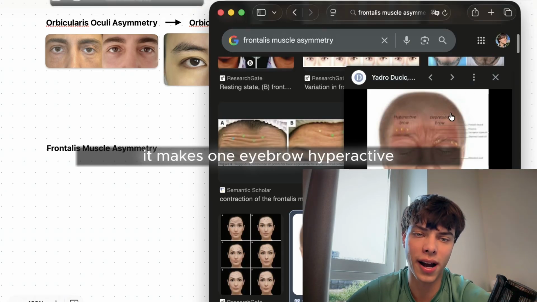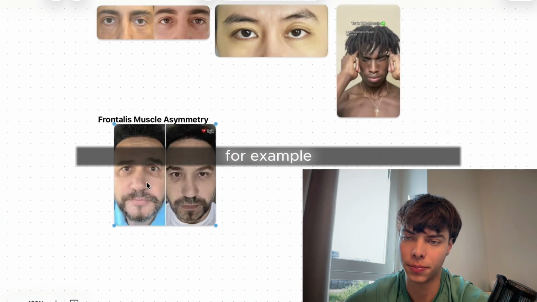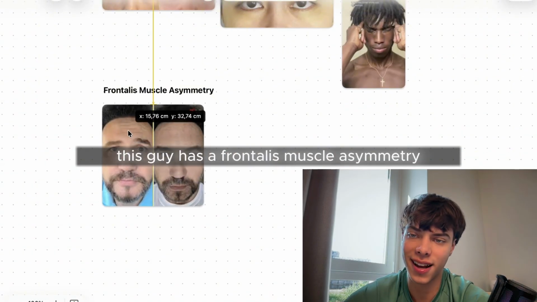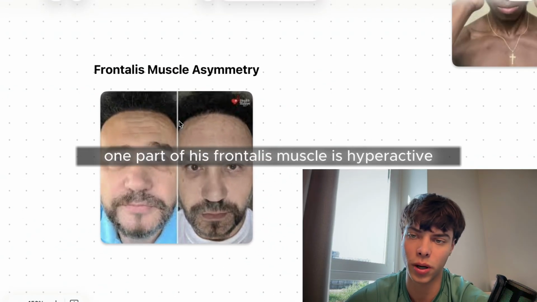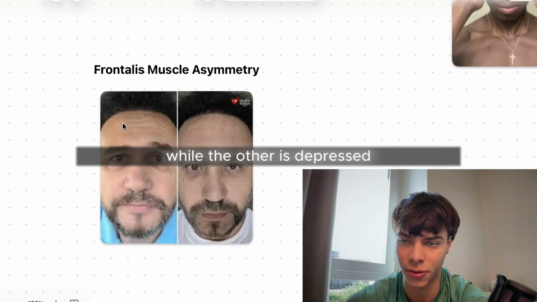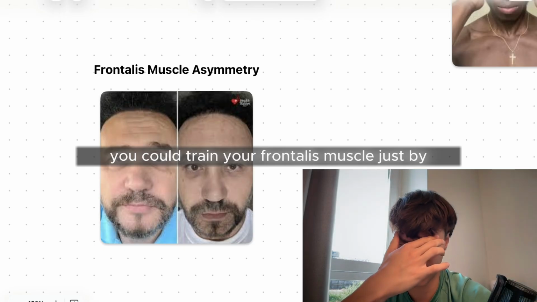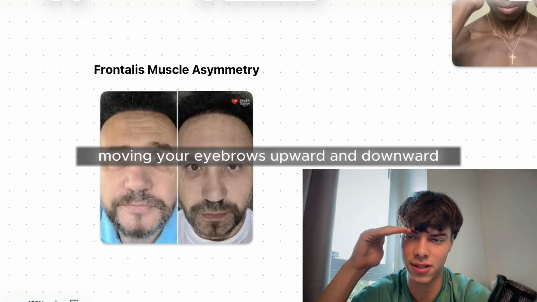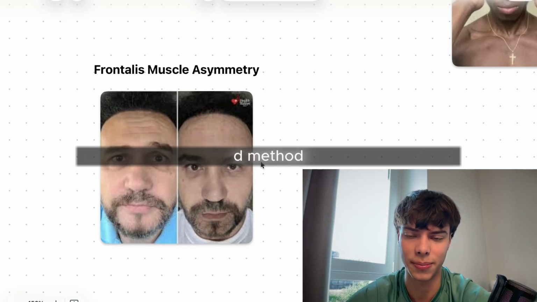It makes one eyebrow hyperactive and one eyebrow depressed. For example, this guy has a frontalis muscle asymmetry. You see how one part of his frontalis muscle is hyperactive while the other is depressed. You could train your frontalis muscle just by moving your eyebrows upward and downward, or doing the UUDD method.